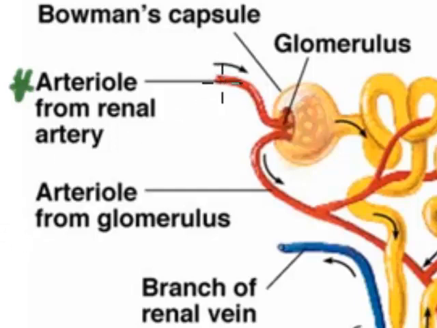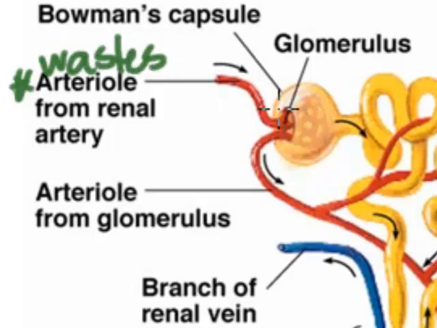And they split up into hundreds of arterioles that bring the blood, rich with the wastes, to the area where the nephron begins. And the first part of the nephron is known as Bowman's capsule.